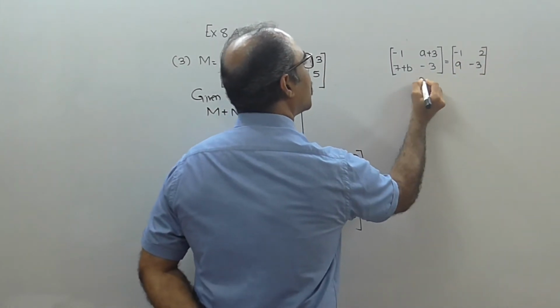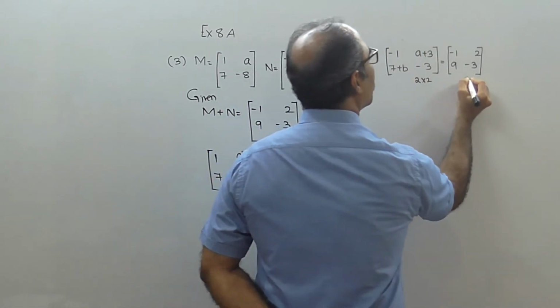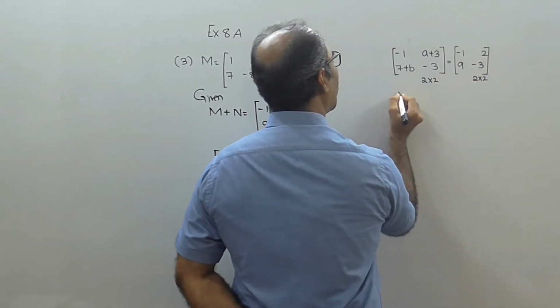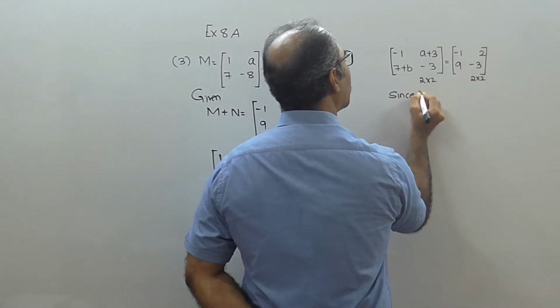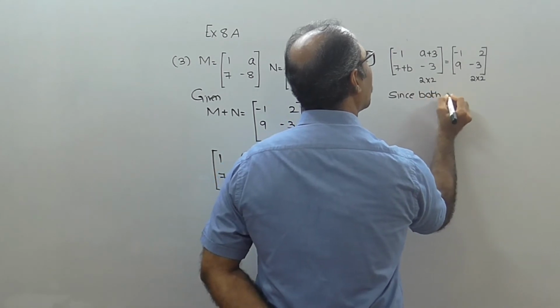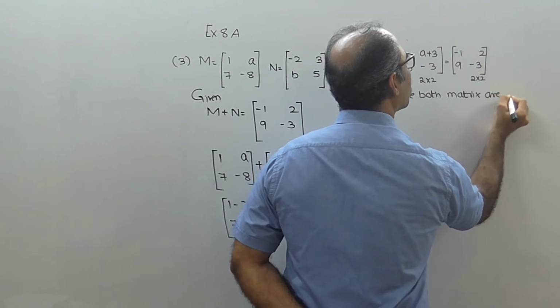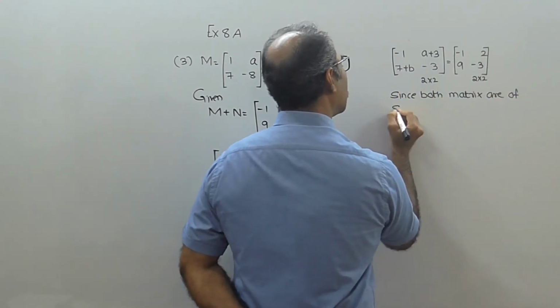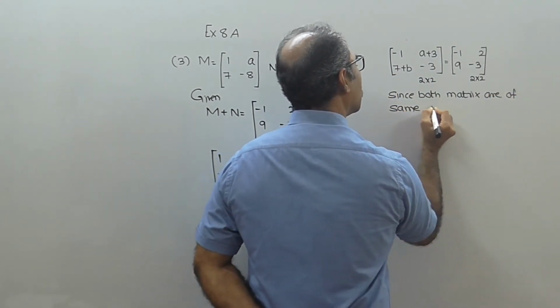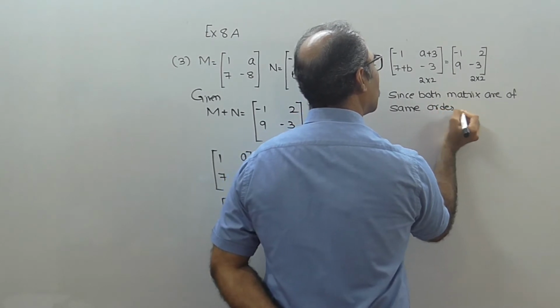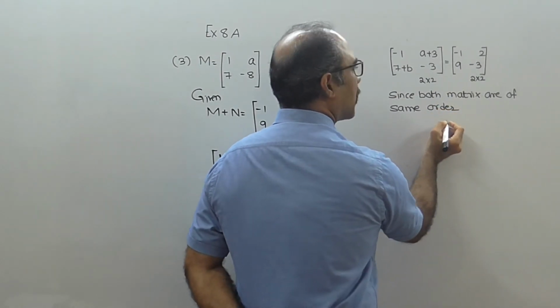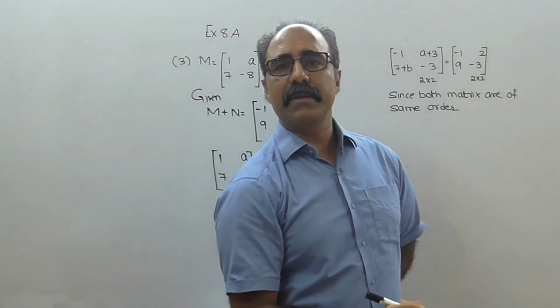This is a matrix of the order 2 by 2. This is also a matrix of the order 2 by 2. Since both matrices are of the same order, it is coming under the category of equality of matrices.